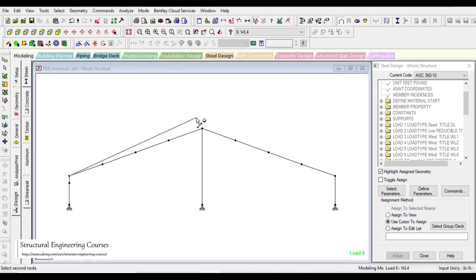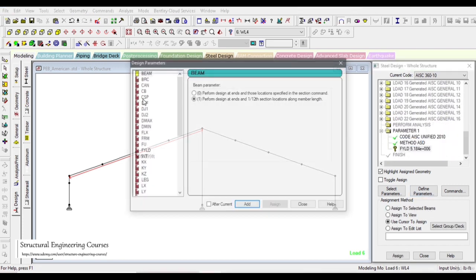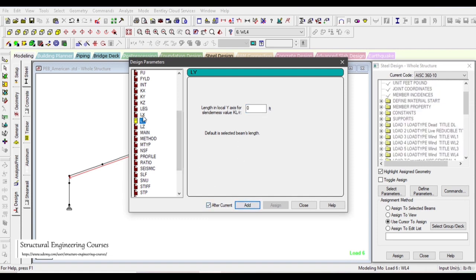We can see the value of LZ here to be approximately 106 foot. LY we can take it to approximately 5 foot.